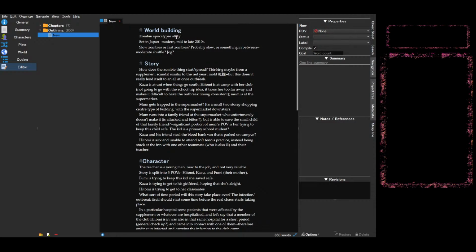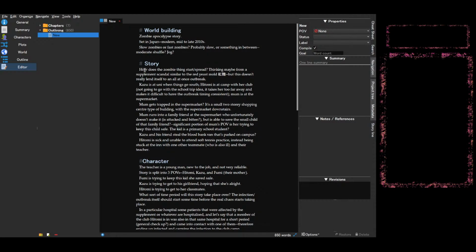So world building is basically things like setting, for example time period, cities, geographical information, that sort of stuff. So yeah, it's set in Japan, modern, so that's the world. It's zombies, and so the world building for the zombie story itself is what sort of zombies they are, so that goes there.